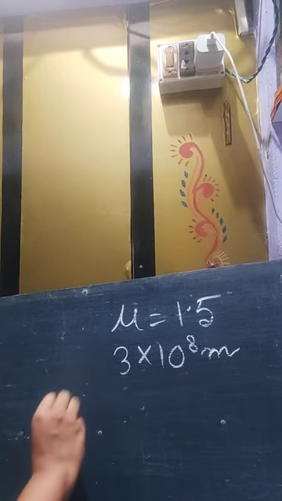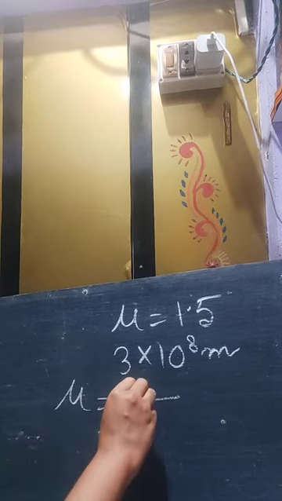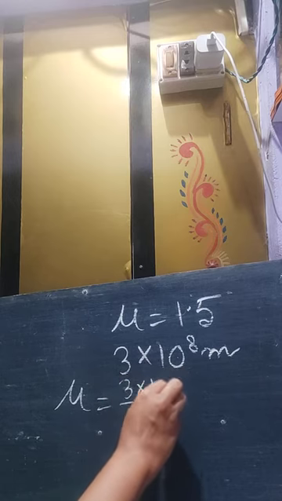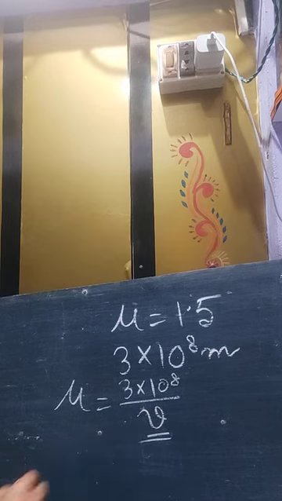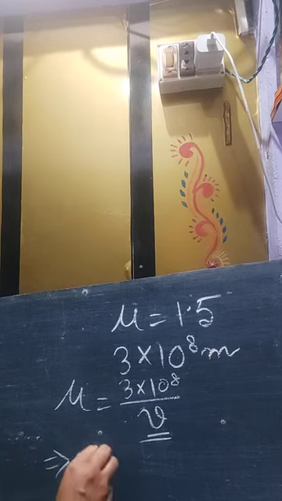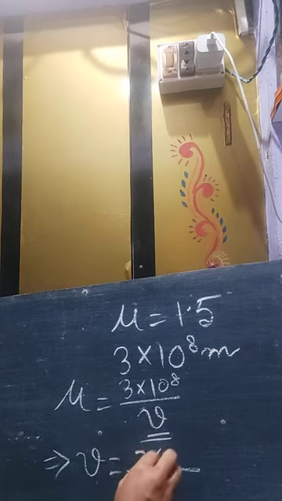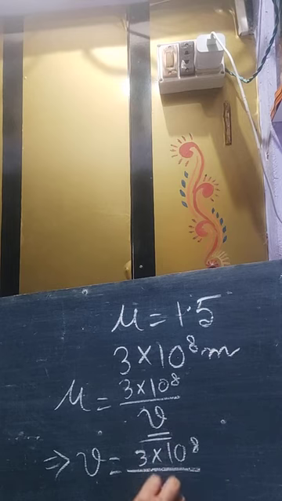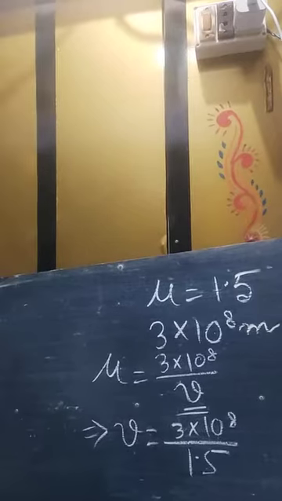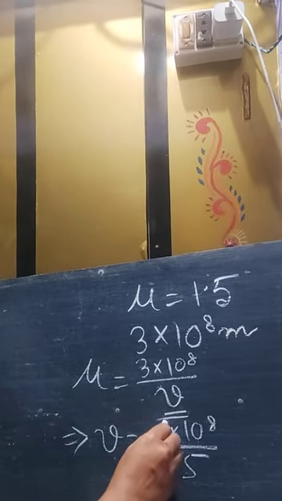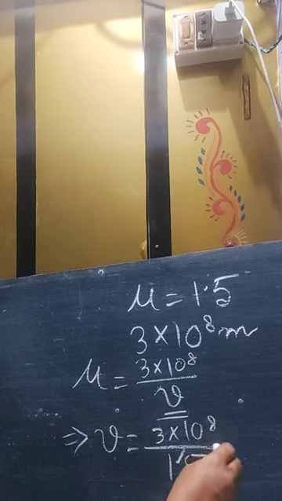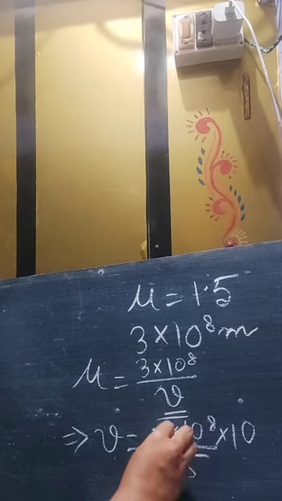We all know that mu equals the velocity of light in the vacuum divided by the velocity in the medium. You need to find this v. Mu is already given, so v equals 3 into 10 to the power 8 divided by 1.5. That is the basic calculation.